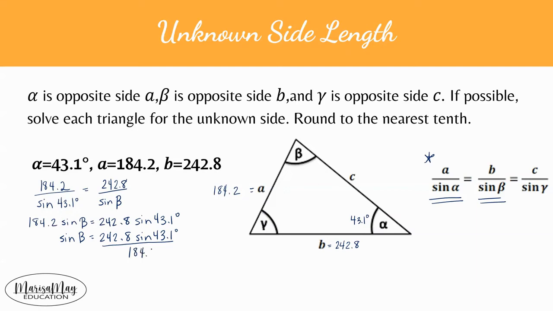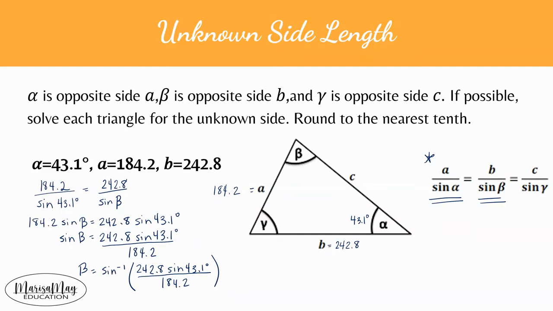And then because we have the sine of beta, we'll need to use the inverse sine. And yes, I'm going to type this all in one step in the calculator. I'll show you how we do that. Divided by the 184.2.